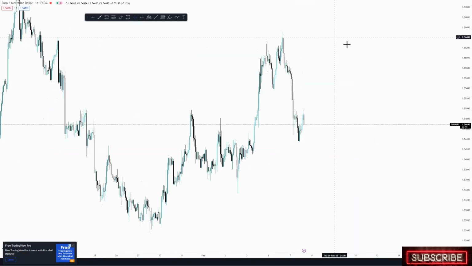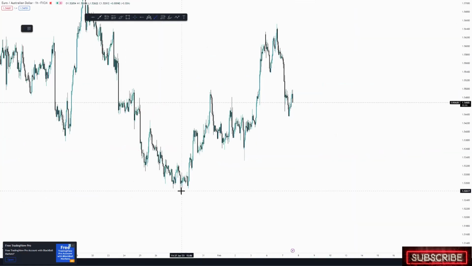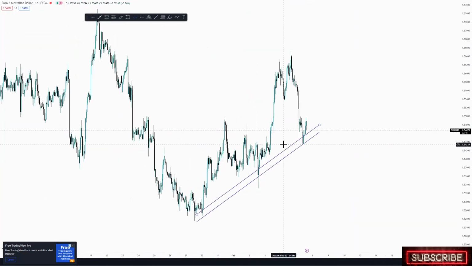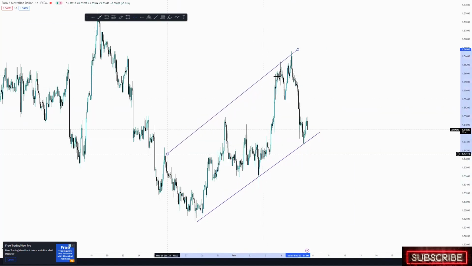Lastly, we have euro against the Australian dollar. So we have this, and then we also have that. All right, so this is what's going on here currently now.